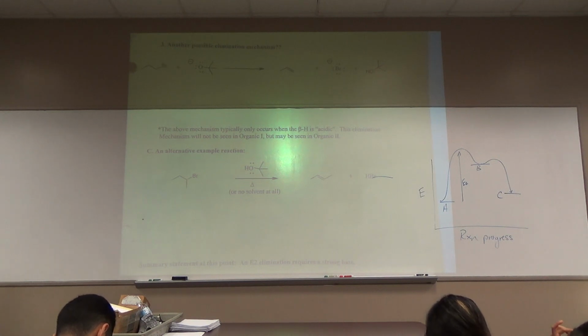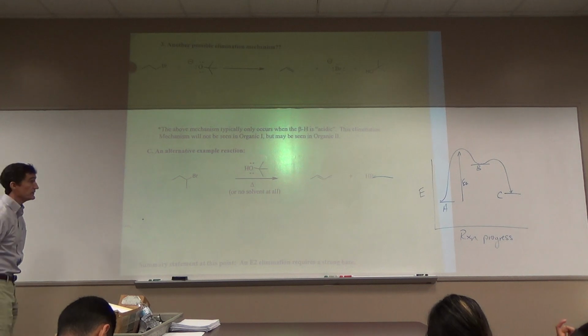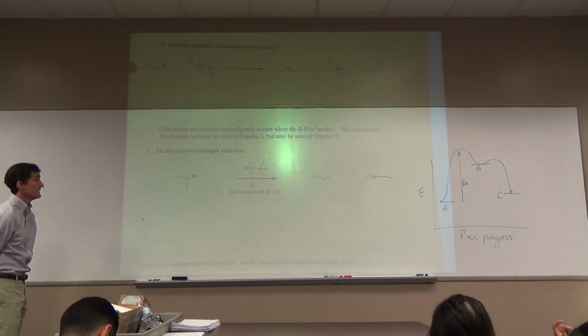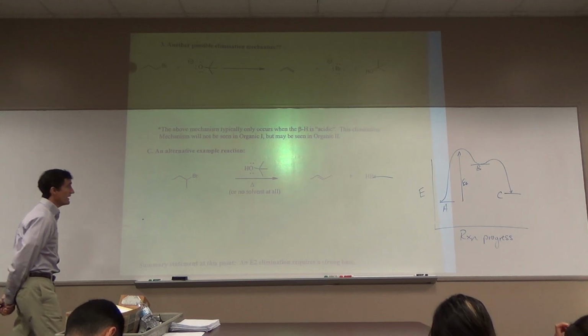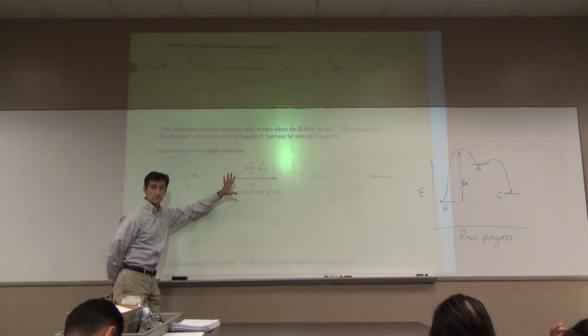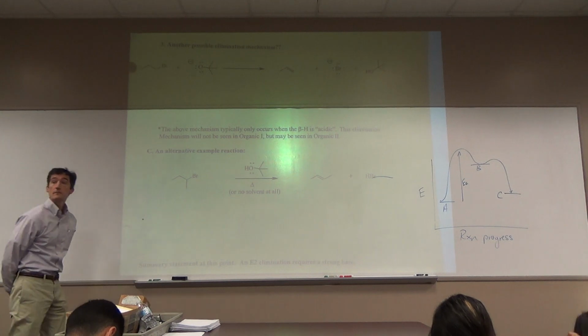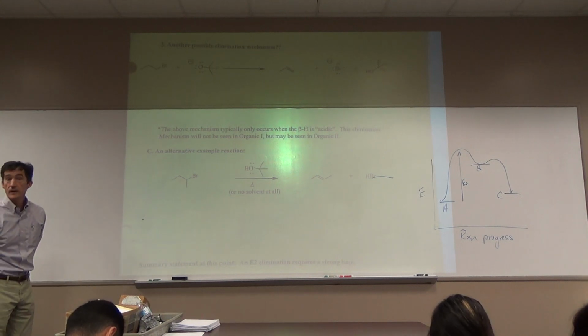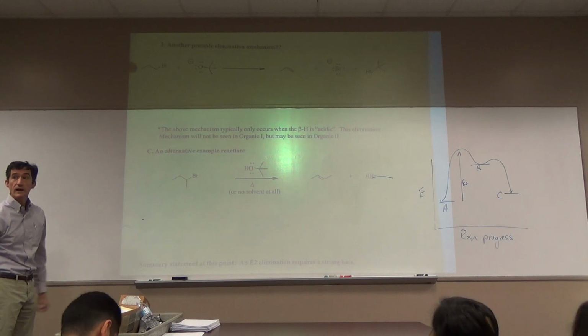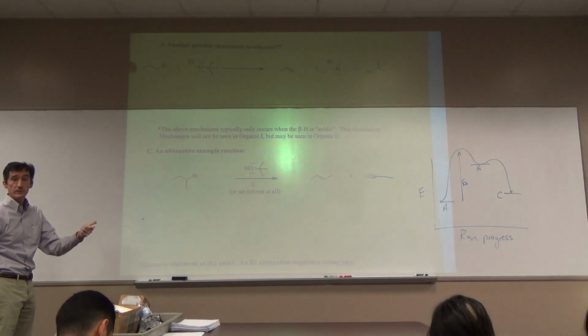It said strong bases are going to be bimolecular. And to do a bimolecular, you have to have a strong base. Do we have a strong base? No. What's a strong base? Anions or sp3 nitrogens, just like nucleophiles.